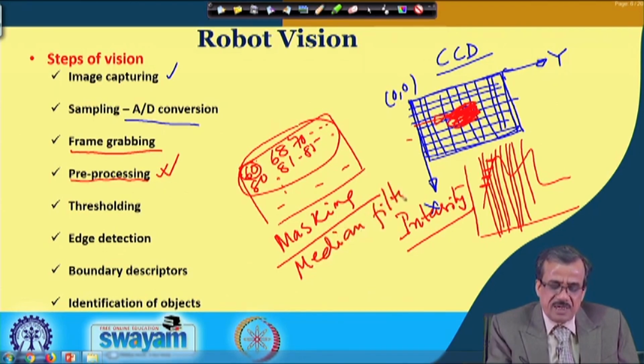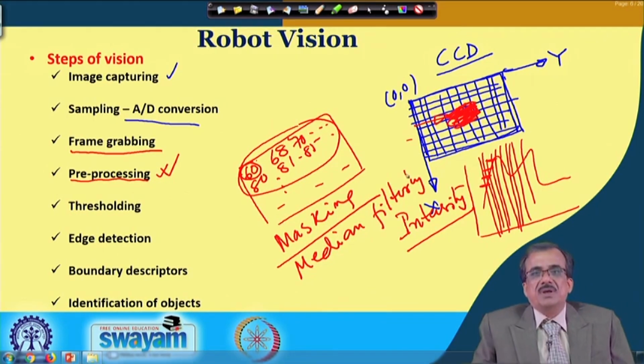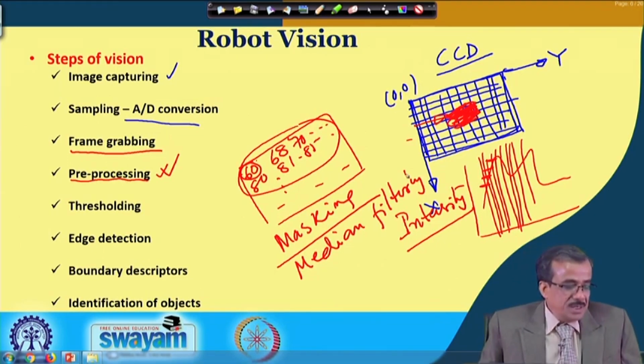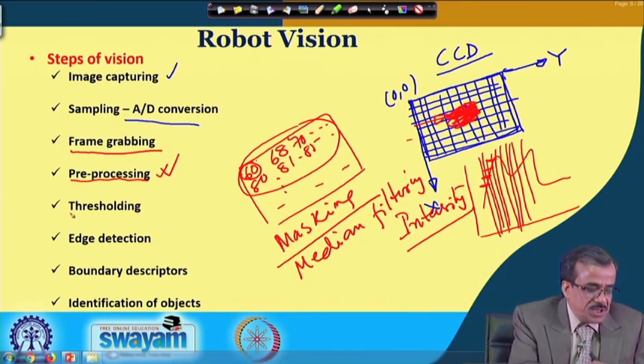So, these are all standard methods of pre-processing, and once again, this pre-processing can be tackled using the principle of fuzzy logic. Now, then comes thresholding.